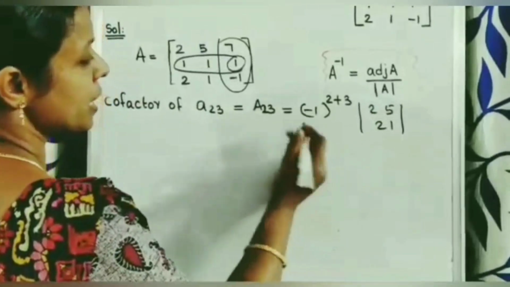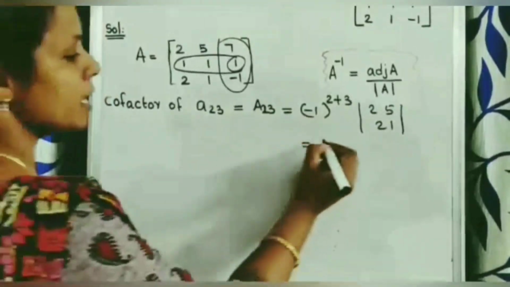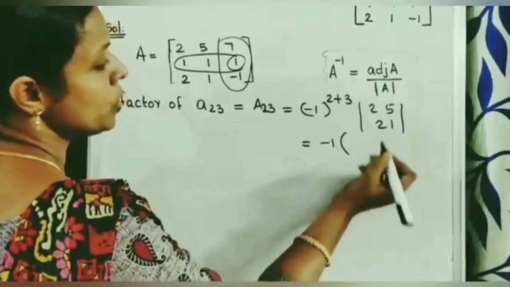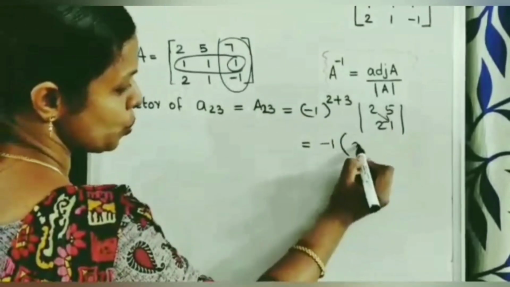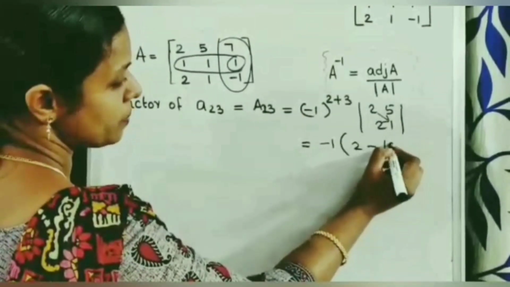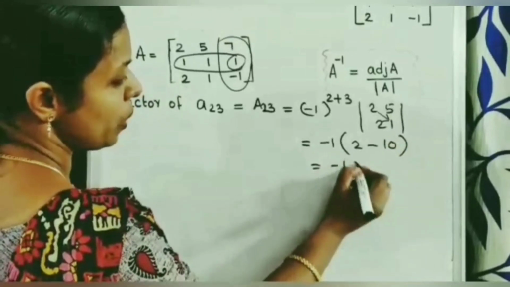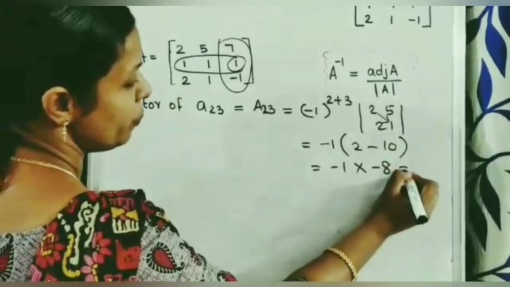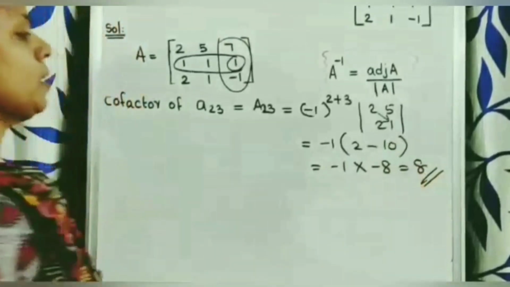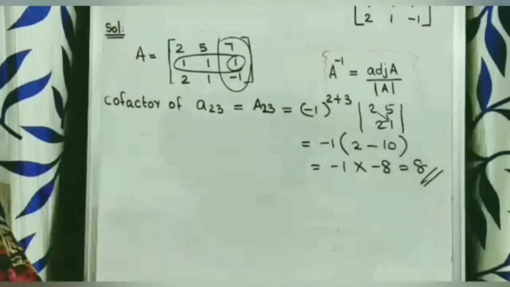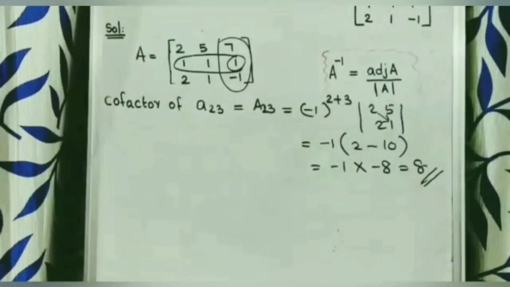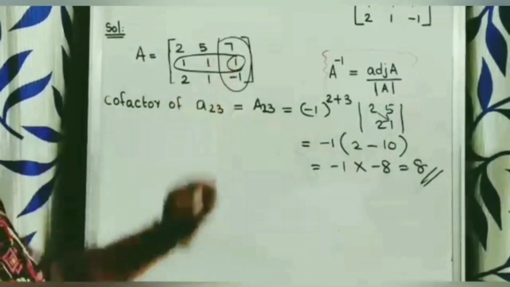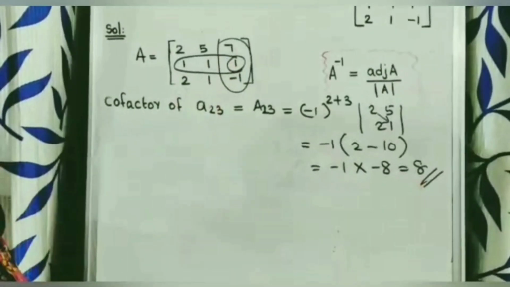That is equal to here negative 1 whole raised to 5 is negative 1. Into here 2 into 1 is 2 minus 5 into 2 is 10. That is equal to negative 1 into negative 8. We get 8. Clear? Now cofactor of A23 is equal to 8.